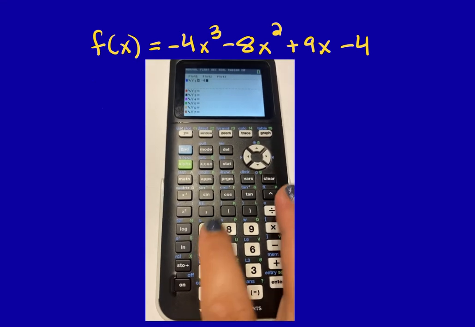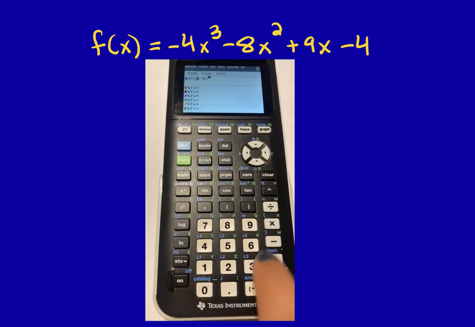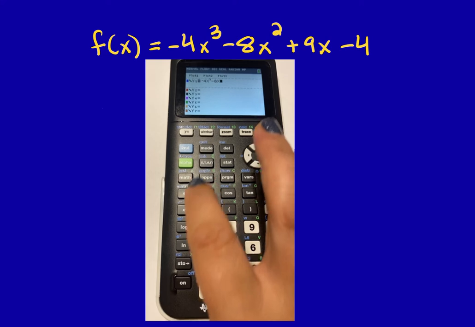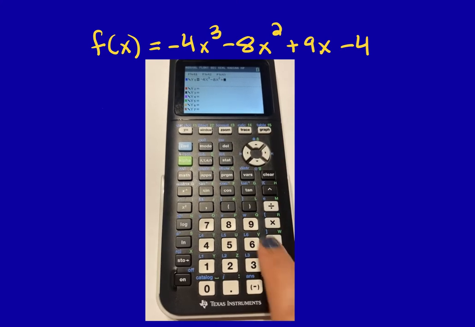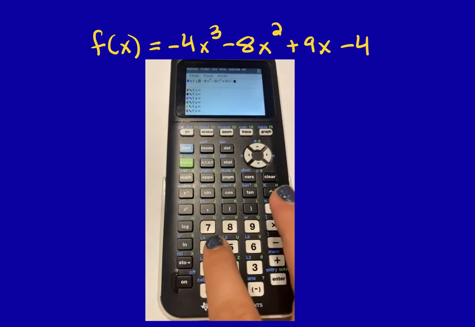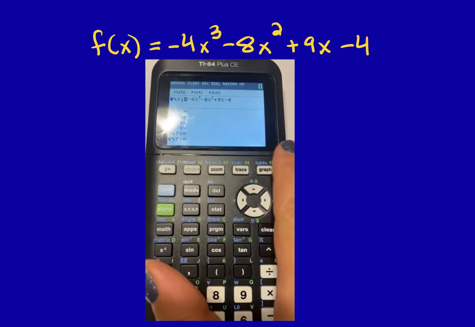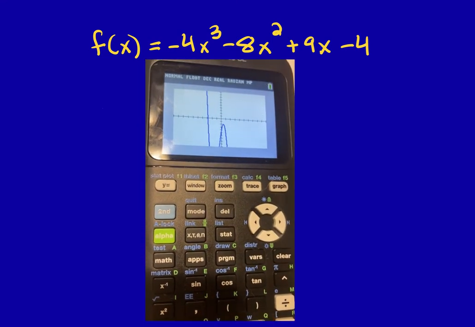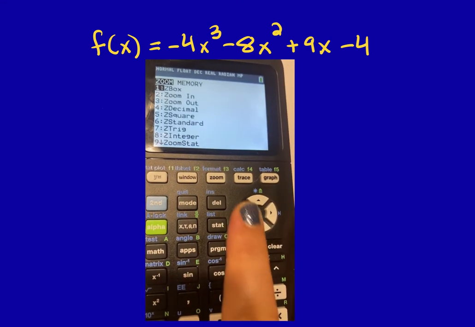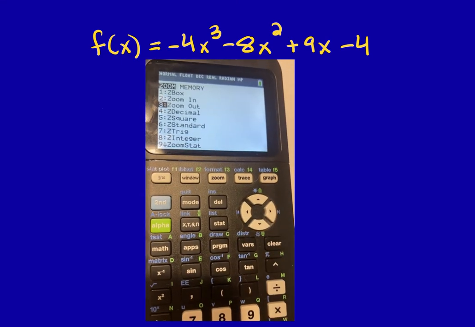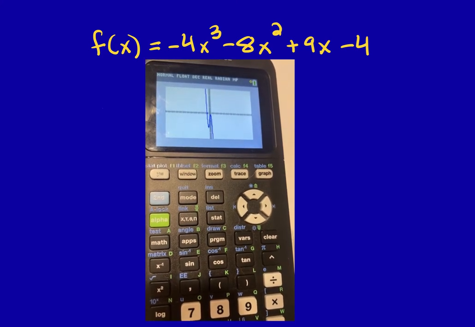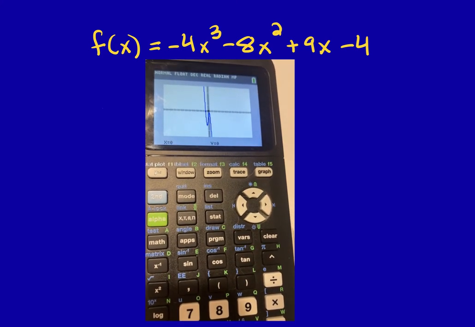I go into my y equals and type in this function. Okay, I'm going to graph. It looks like I don't have my full graph, so I'm going to hit zoom and zoom out. Hit enter. I don't love that graph, so I'm going to play with my window.